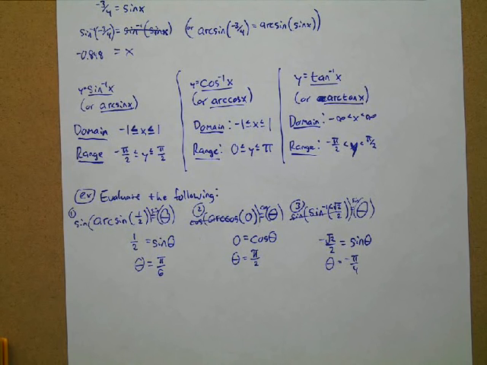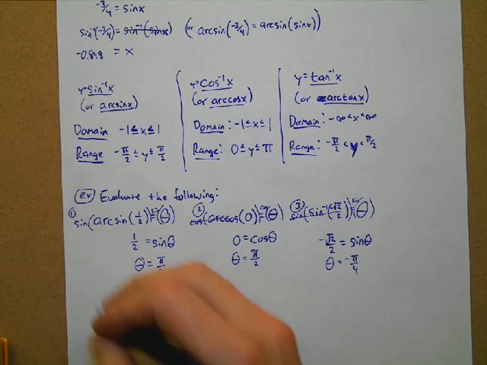All right, let's do one more and then we'll move on, and maybe I'll have you try this one. Let's do arc sine. Oh well, shoot, I've done all these arc sines.